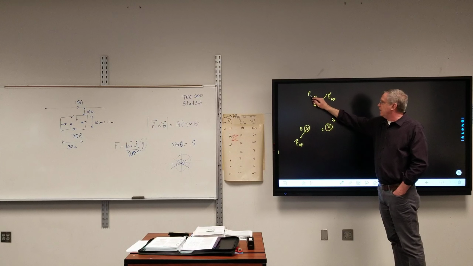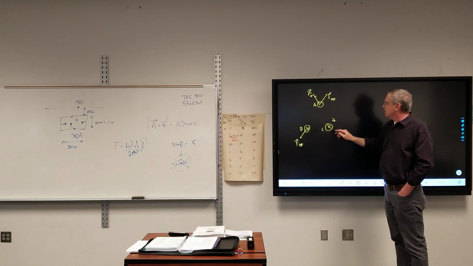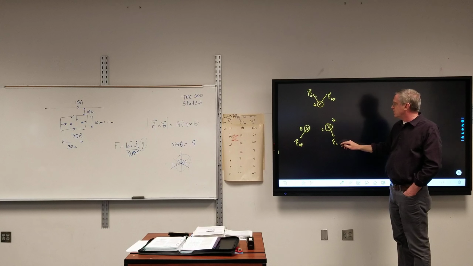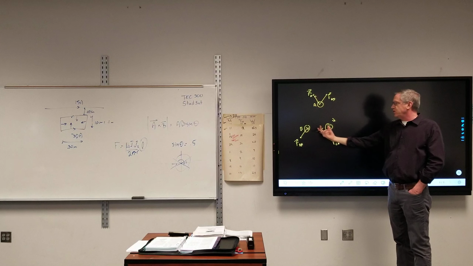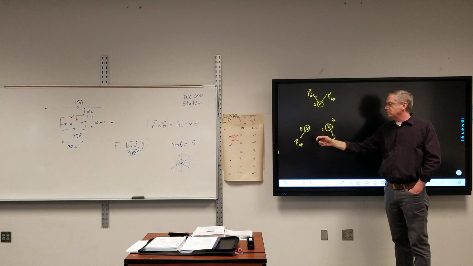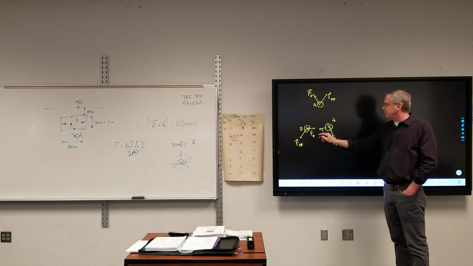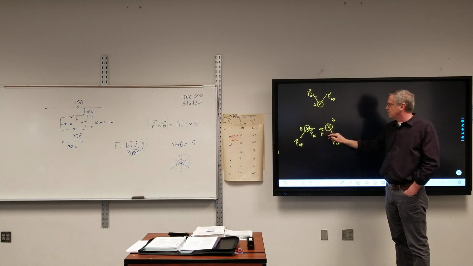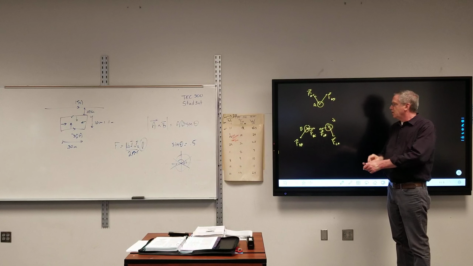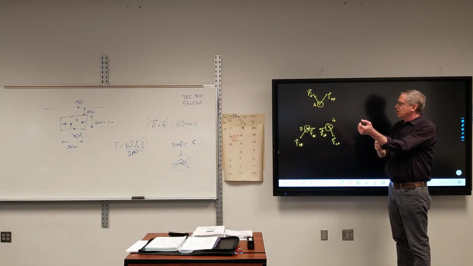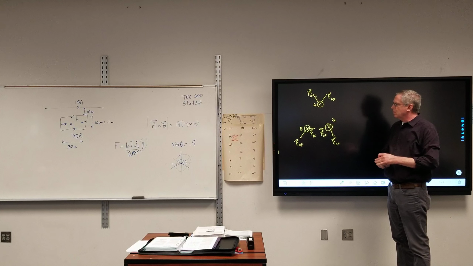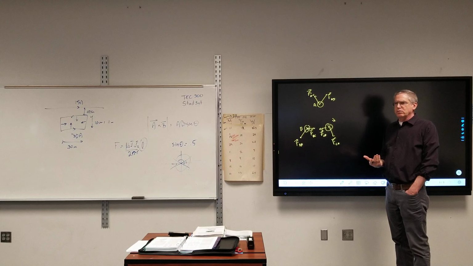These are also in opposite directions, so they're going to be pushing away from each other. The force on A from C and the force on C from A. And then these two will attract each other. So the force on B from C and the force on C from B. When you add vectors, direction matters.